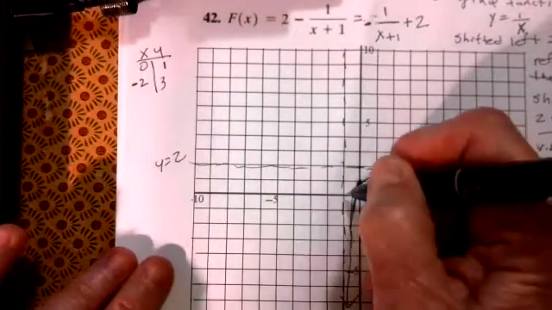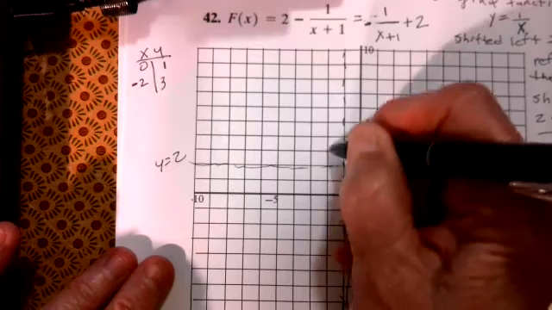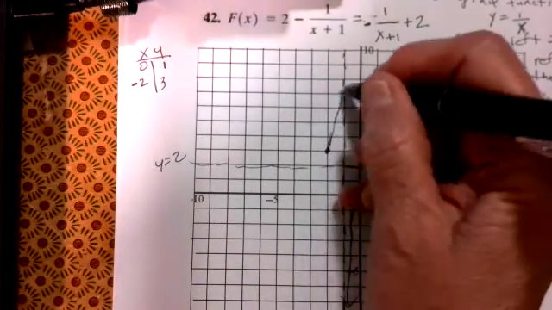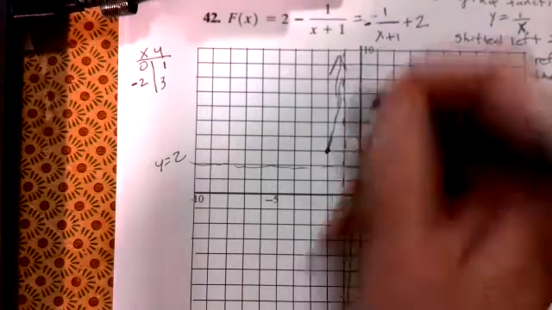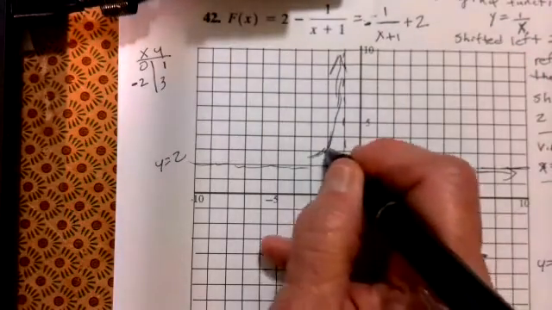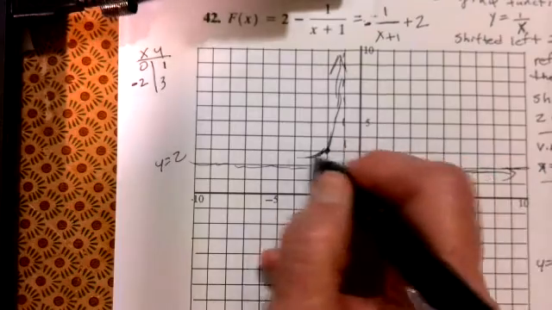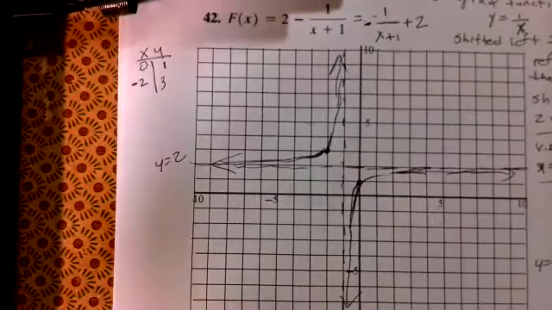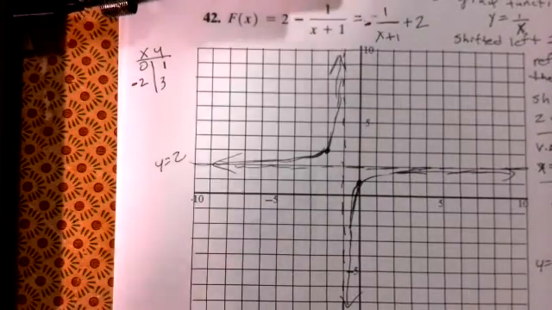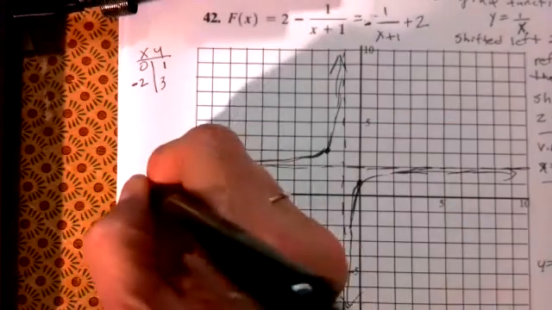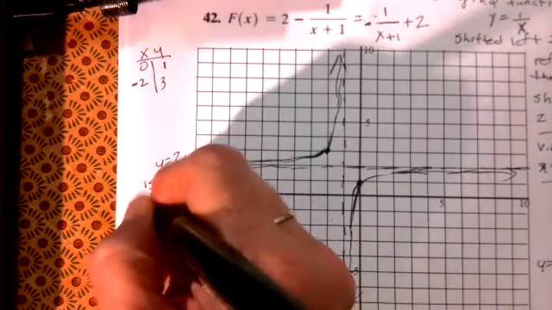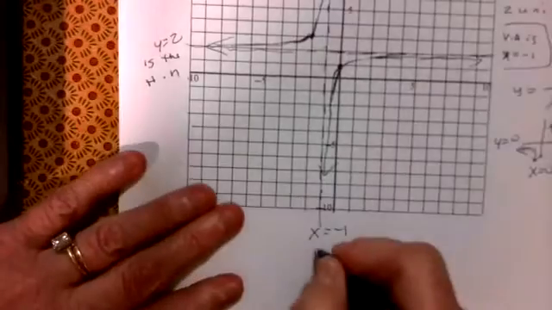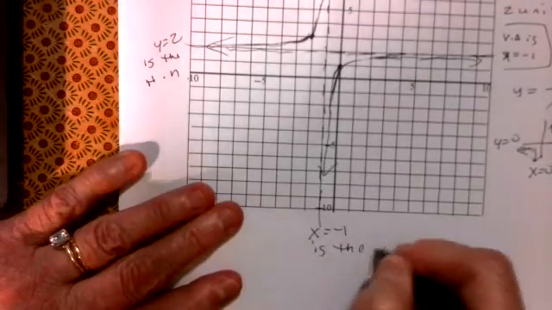But it should actually be negative 1 over, 1, 2, 3 up right there. And then it's getting closer to x equals negative 1, and it's getting closer to y equals 2 up here. And so y equals 2 is the horizontal asymptote. X equals negative 1 is the vertical asymptote.